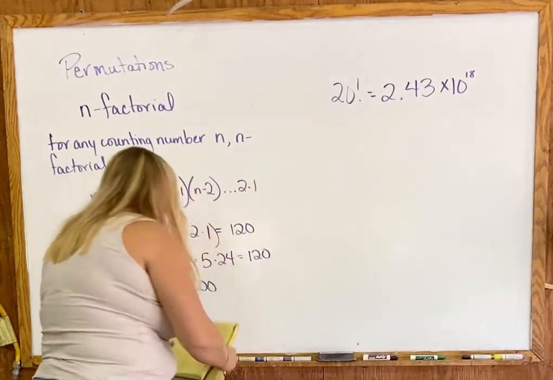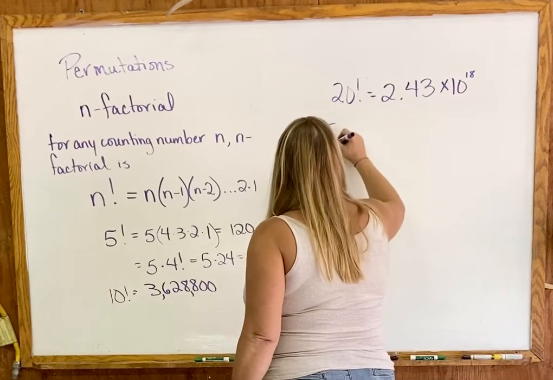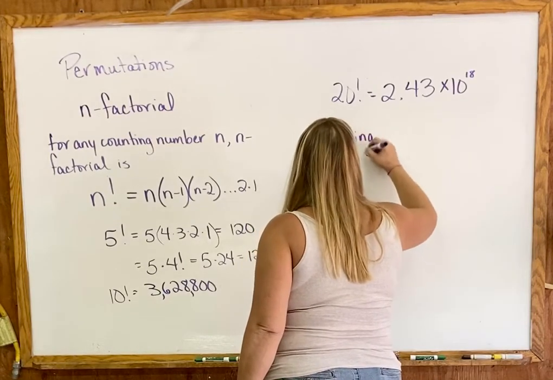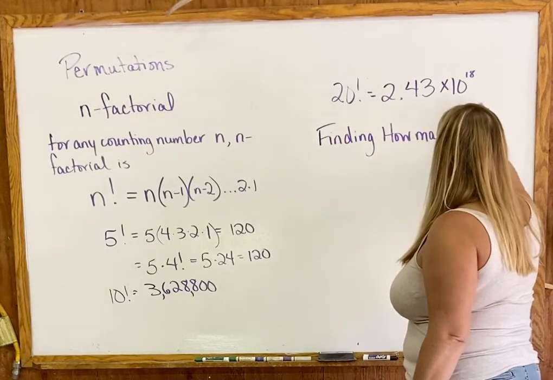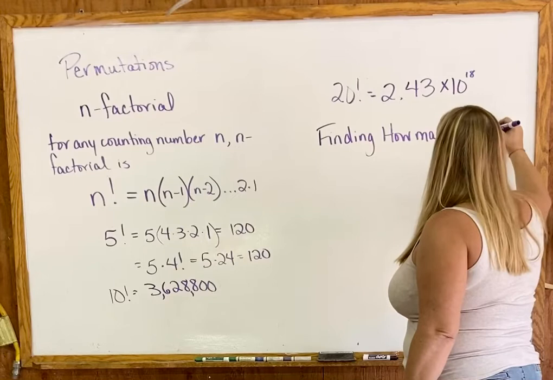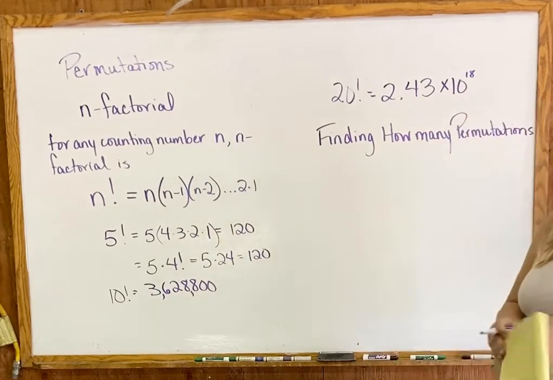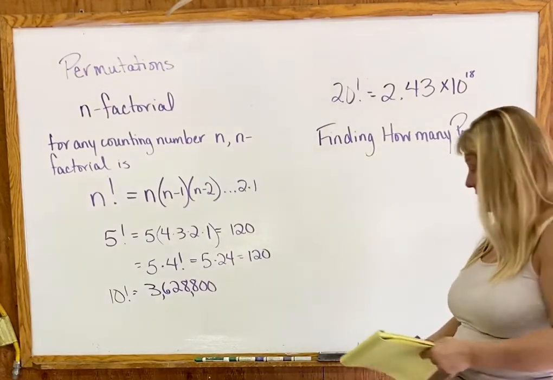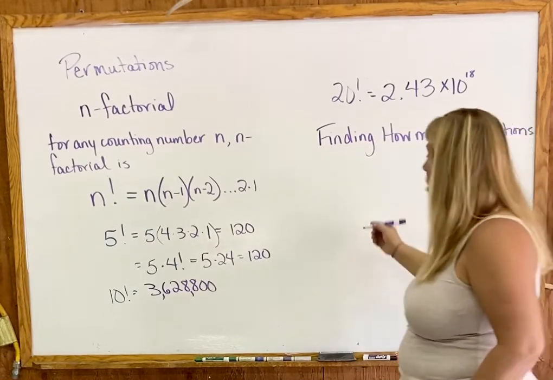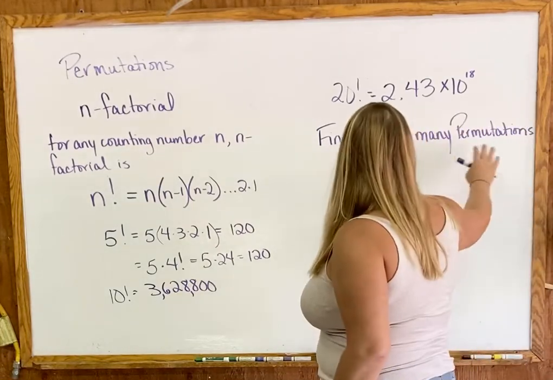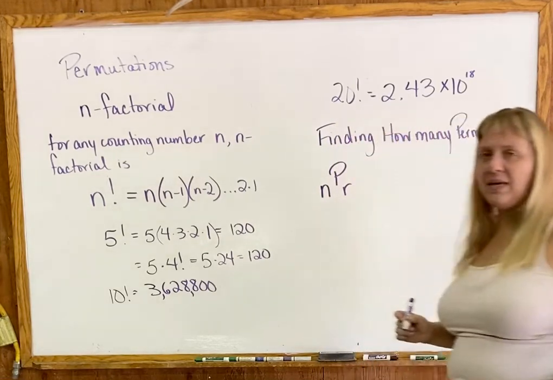Now, finding how many permutations. Let's say the numbers we were dealing with were quite large, and we're still talking about permutations, but it's not something we can do using our little pigeonhole method. We need a notation here. The notation we use for finding how many permutations looks like this, nPr.